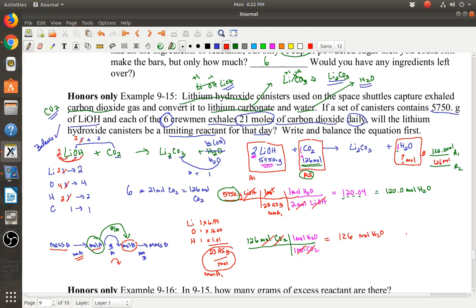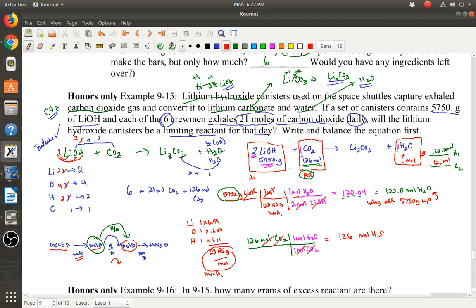All right, what I did with the first one is I assumed that if I used all 5,750 grams up, I could create 120 moles of water. Now that would mean I have more carbon dioxide than I need.